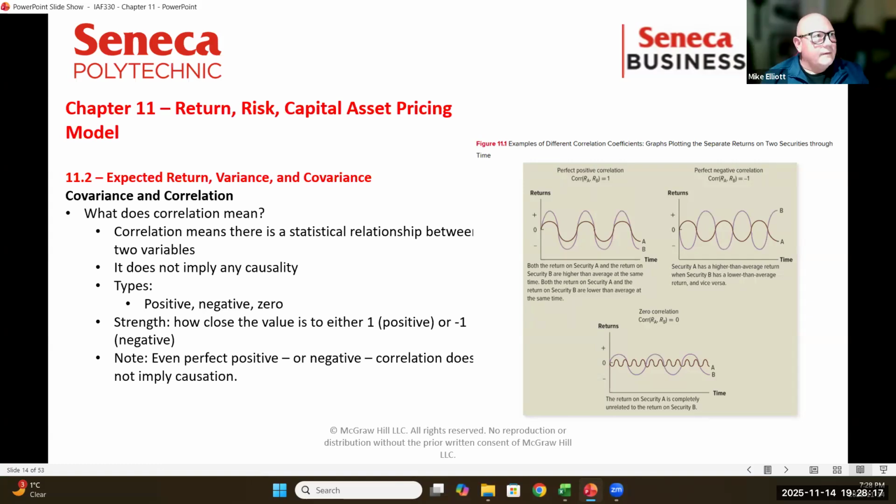X moves with Y. Because X moves doesn't mean Y is going to move. It just means they move together. Why does Y move? I don't know. Why does X move? I don't know. But if X moves, Y generally speaking moves. That's what correlation is. So don't try to imply too much into correlation because it's not there. That's not what the math is for.